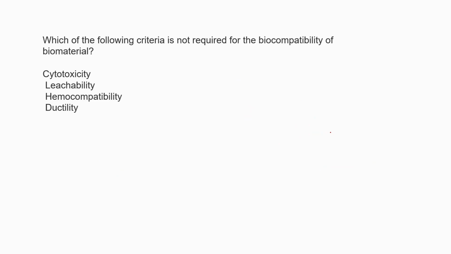Next question. Which of the following criteria is not required for the biocompatibility of a biomaterial?